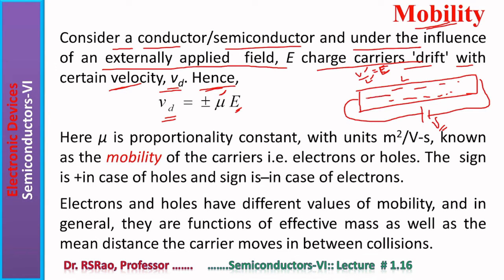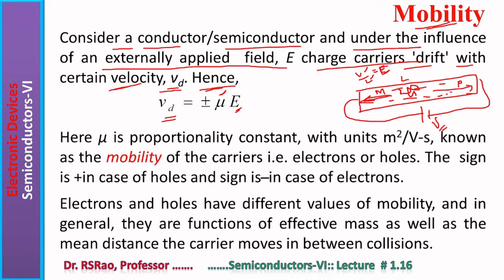Electrons move towards the positive terminal because of attraction. Holes move towards the negative terminal for the same reason. Notice this movement, either electron movement or hole movement, is not in straight lines. The movement is random.